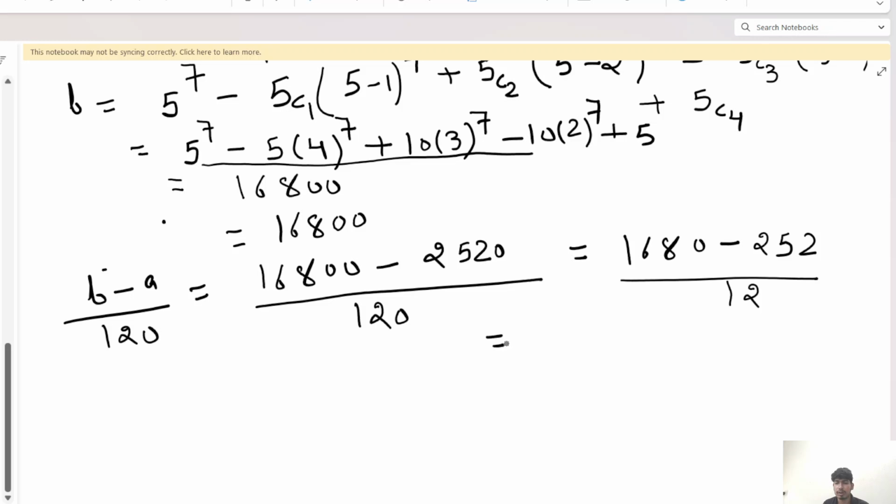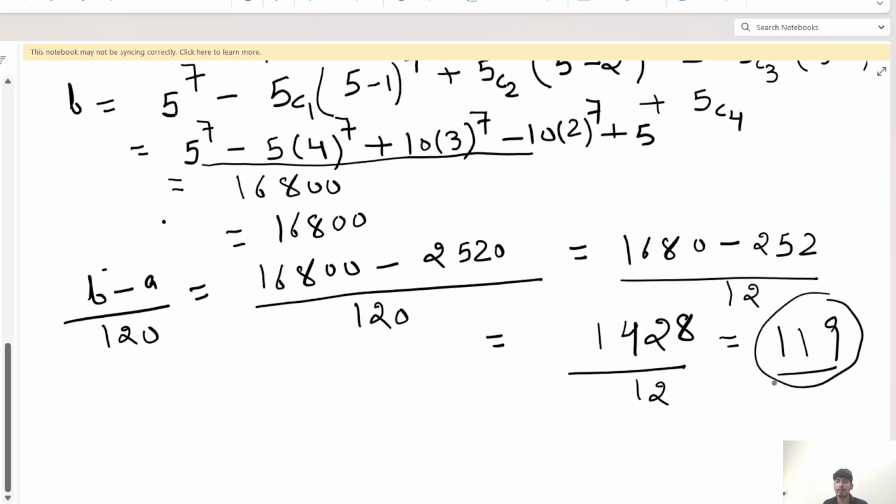So this is 10 times 8, and 7 minus 5 is 2. Then I get the value 12 and then 119. So the value of b minus a divided by 120 is 119.